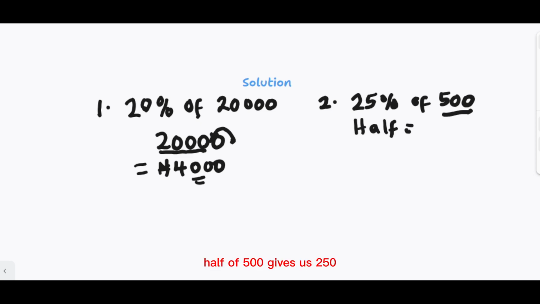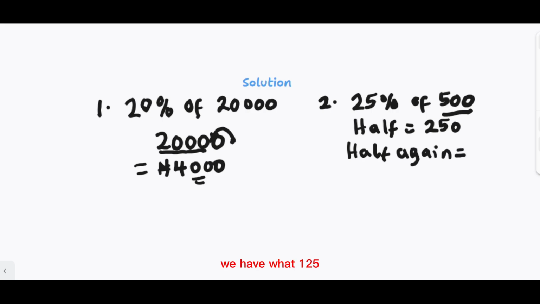Half of 500 gives us 250. Then we halve it again. What is half of 250? We have what? 125. So our answer is 125 naira. That is the 25% of 500.